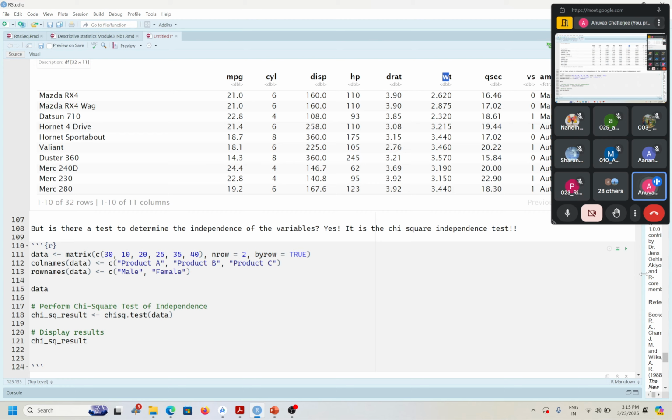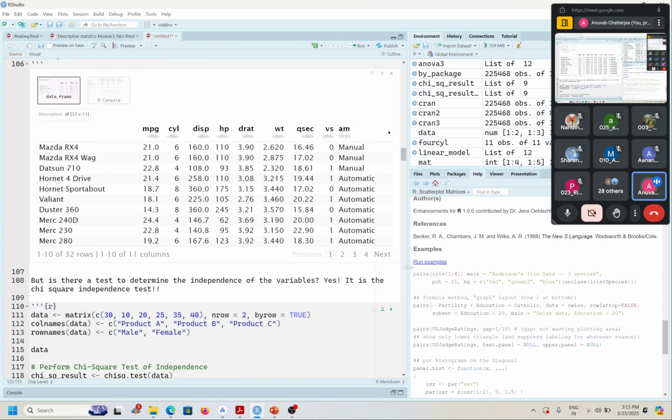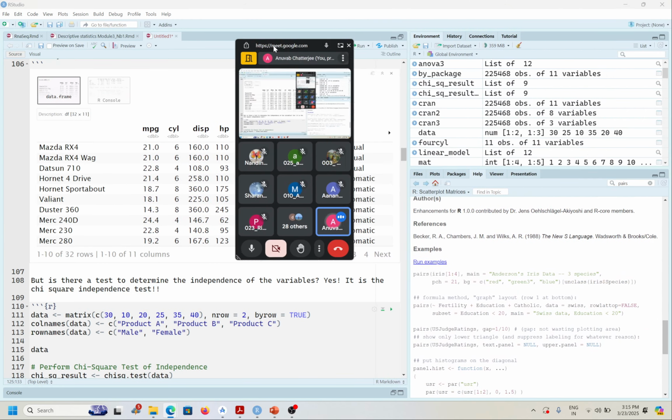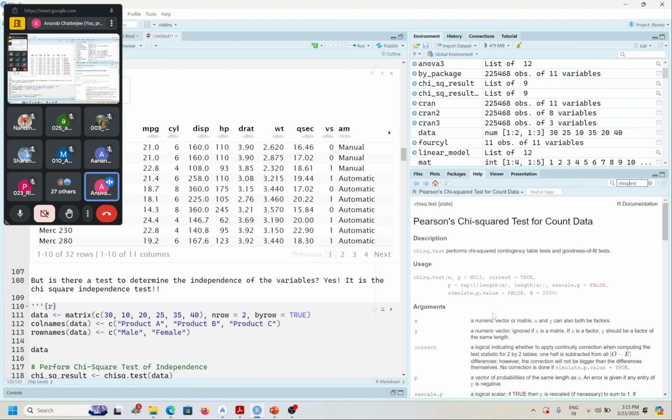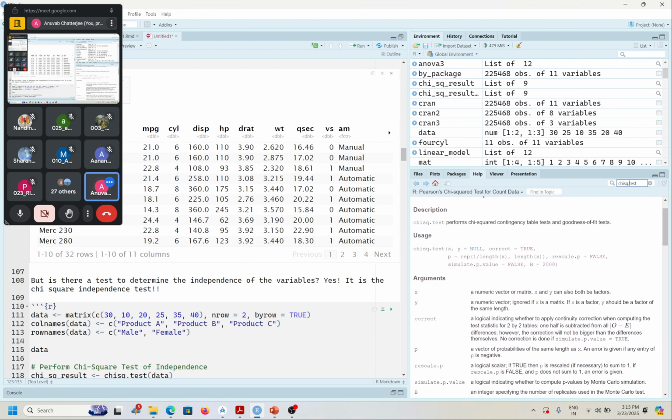So if you remember, if you do not know about a particular function, the first thing you can do is just ask for help. You can go ahead and put in the name of the function, which is chisq.test, and it gives you how to run the function.